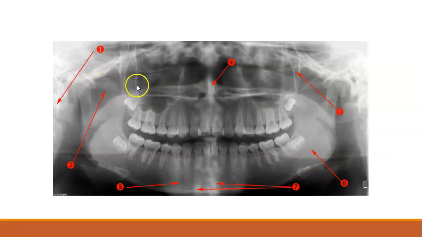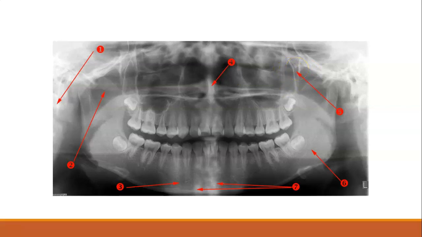So that was the process up here, and then this is the inferior border of the zygomatic arch. Right mental foramen is 3. Nasal septum, so we're going up into the nasal septum here. Left pterygopalatine fossa is 5.